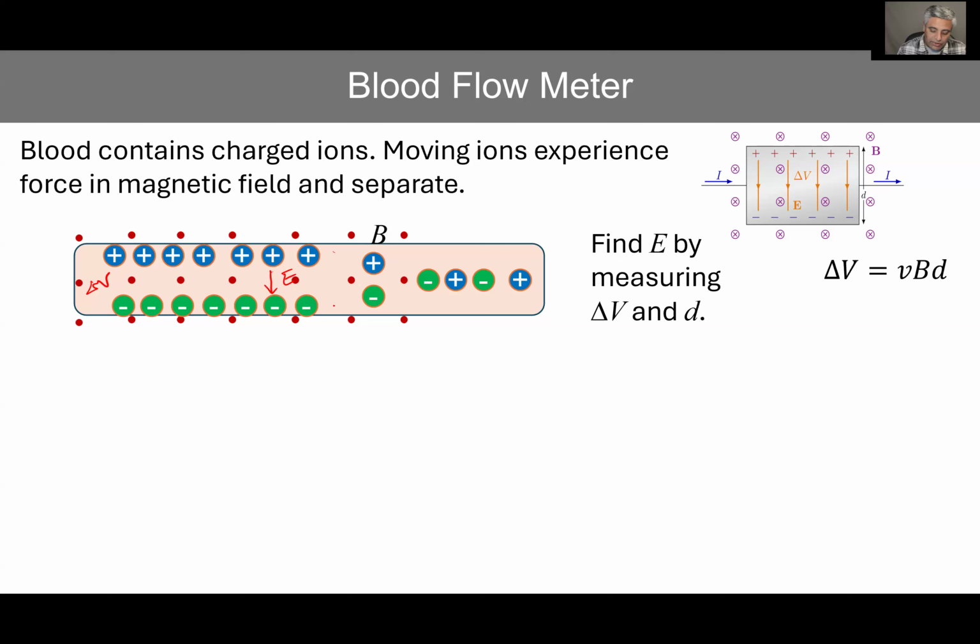Usually we can tell the diameter of the arteries or veins of a typical person, so we can use that D. You measure the potential difference, and from there you can calculate V. Since you are applying the magnetic field, you know what the magnetic field is. So your device does the math right there. It has a little calculator and displays the speed. That's the physics behind the design of that kind of device.